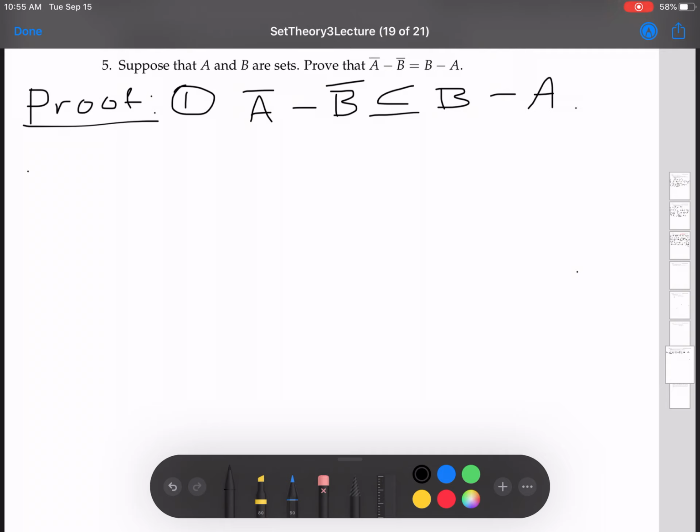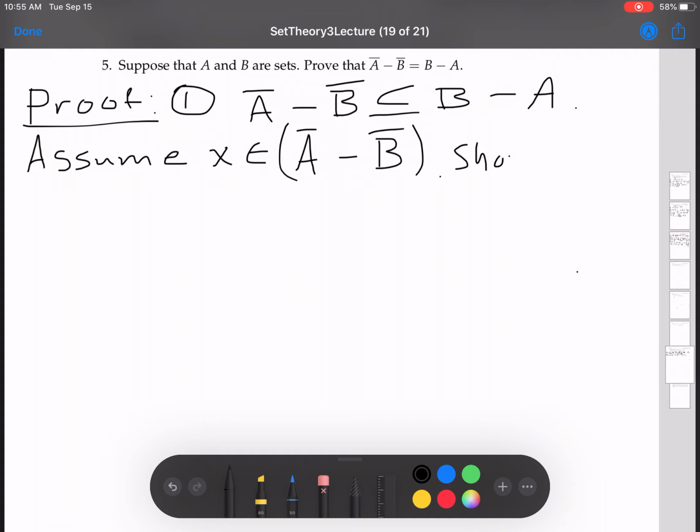So we're going to assume X is in A complement minus B complement, and we're going to show X is in B minus A.